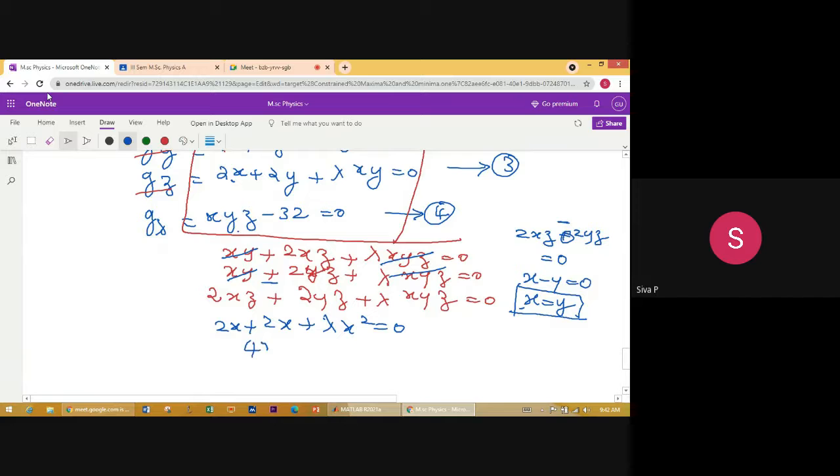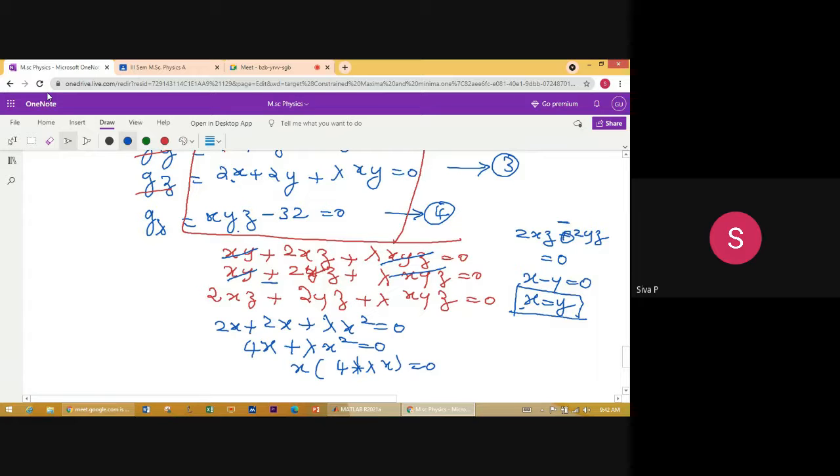So 4x plus lambda x square equal to 0. Then what is the value of lambda here?